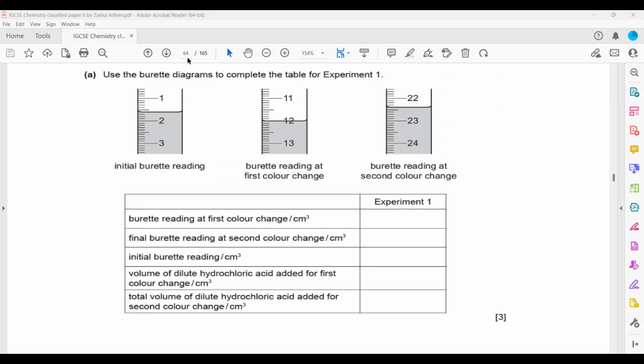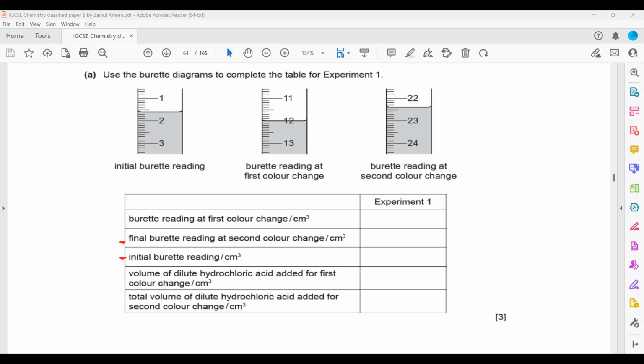Use the screen annotation to complete this table. The first is the burette reading at the first color change. Now this you will fill in afterwards. First you have to fill in this part: initial burette reading, final burette reading, and then the reading at the first color change.